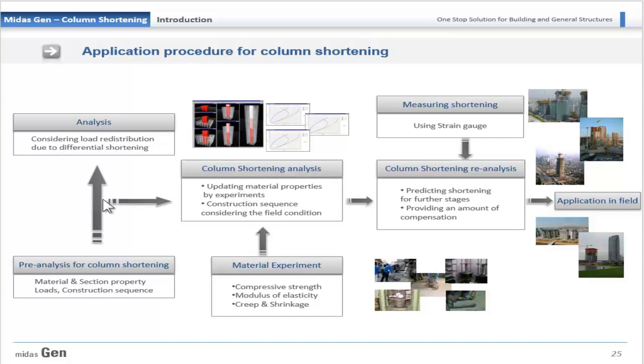Then, with any modifications, the material properties are updated by material experiments of compressive strength, modulus of elasticity, creep, and shrinkage. Column shortening is then rerun. Here, the shortening of further stages are predicted and compared with shortenings on site. Then the model is updated by providing an amount of compensation which is then applied on the field.